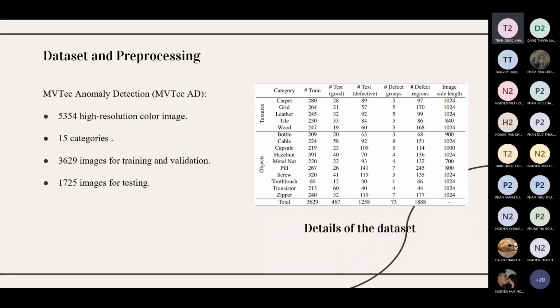Our data set is MVTec anomaly detection, and it has 15 classes, for example carpet and grid. We have the training set and the test set. The training set only contains good images, which means they are not defective, and the test set contains both good and defective ones.